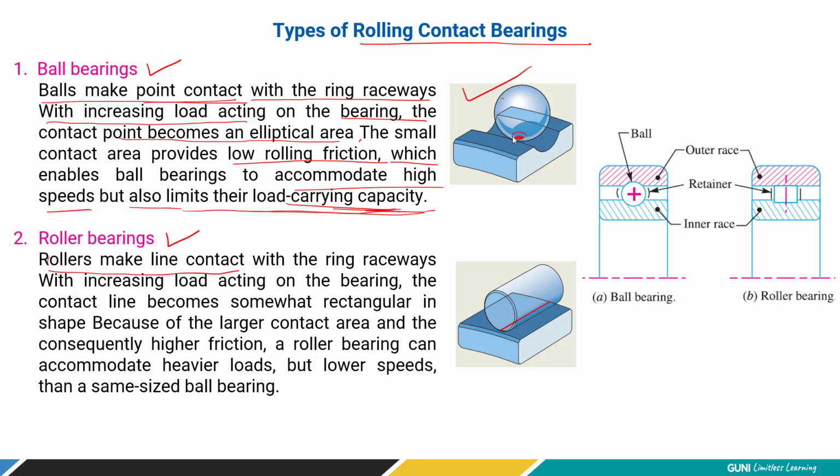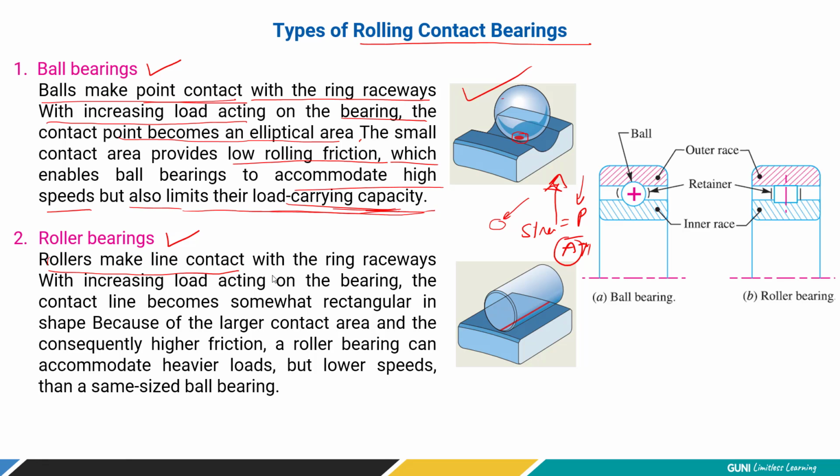And this elliptical contact is simply a small contact, and because of it, at the local point the stress increases. Stress is equal to load upon area, right? The area is small because of the point contact. If the load increases, the stress value is higher, but the increase in area is limited, right? So you have to keep that in mind.